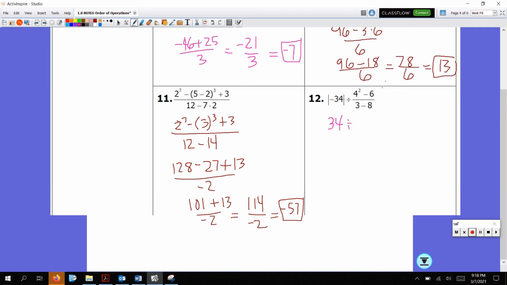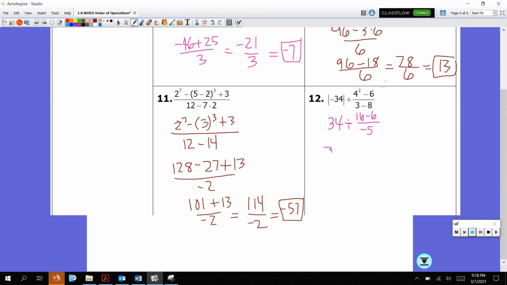And we have divide here of what's going on. So let's check this out. We can kind of chunk this up. 4 squared, well, that's 16 minus 6 over 3 minus 8, that's negative 5. Let's bring this down a little bit. I can't divide until I figure out what this is.